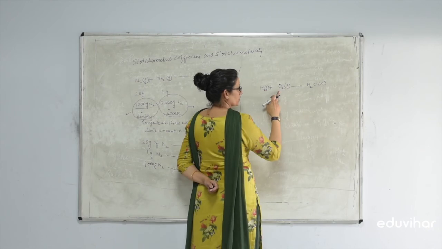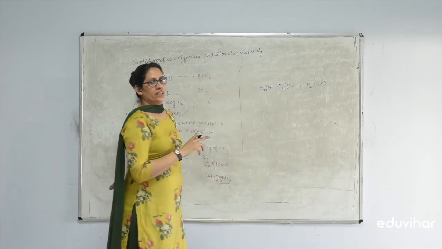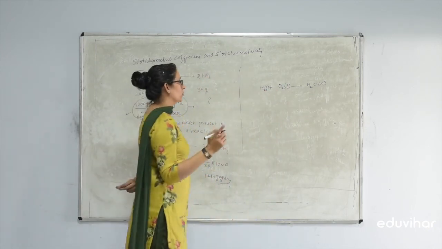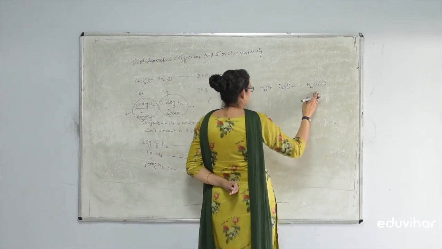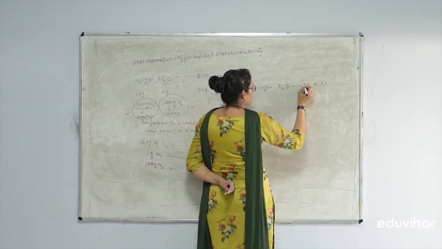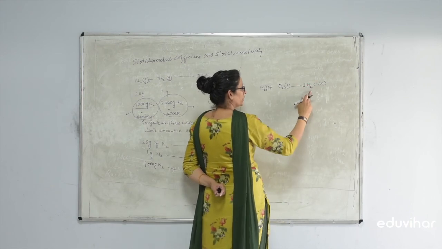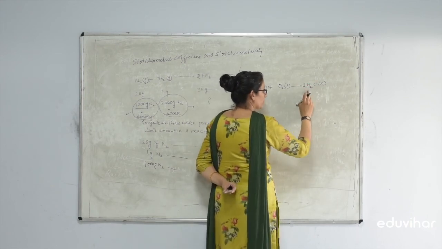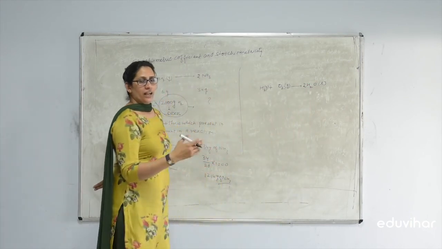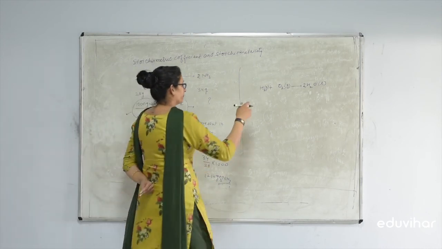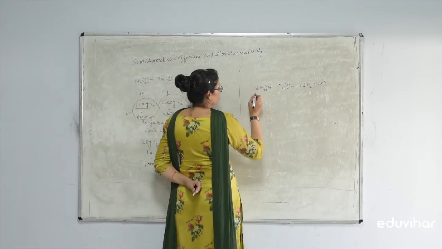But in case of oxygen, we have 2 atoms on reactant side, but we have only 1 atom on the product side. Then what will we do? This is multiplied by 2. If this is multiplied by 2, then the hydrogen atom becomes 4 at the product side, but at the reactant side this is 2.